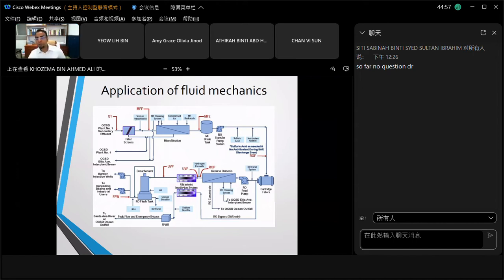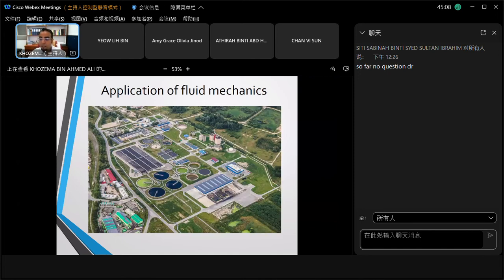So for example, let's say you are a safety officer. The function of a safety officer is to make sure that the whole treatment plant is safe, no accident happens. That's why safety is very important, right? That's why you need to know.